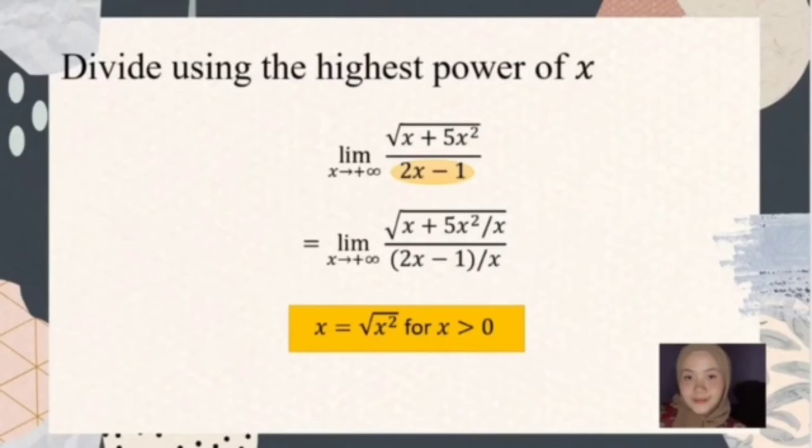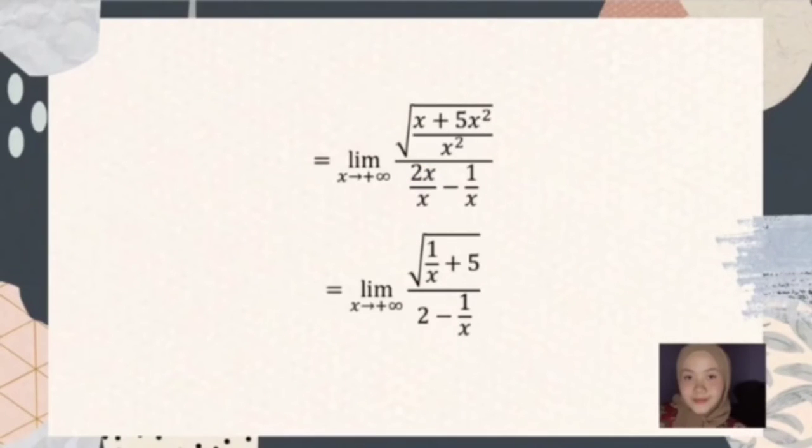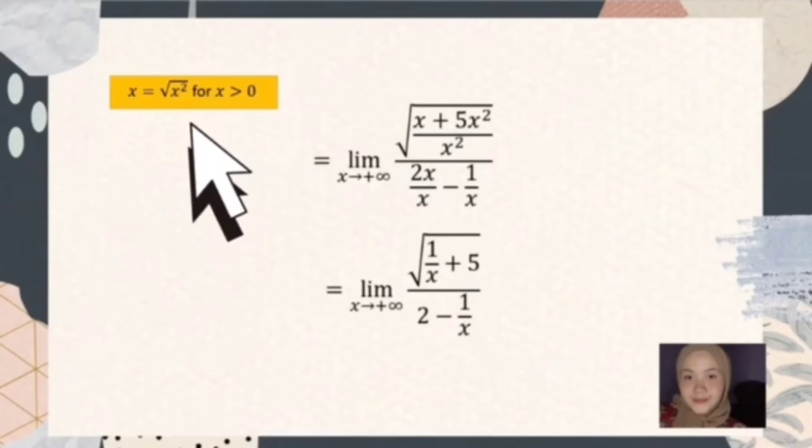So what we are going to do is divide the numerator and denominator by x, so that we have the limit of the square root of x plus 5x squared, over x, then all over 2x minus 1, all over x. Next, we have to simplify that radical. We know that x going to infinity is positive, so we can replace x by the square root of x squared.